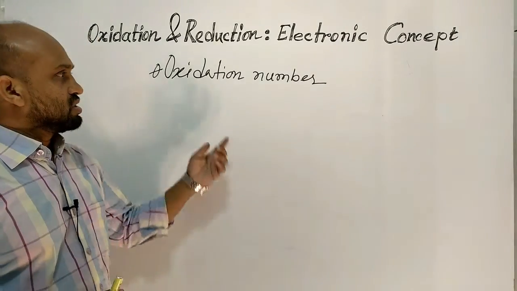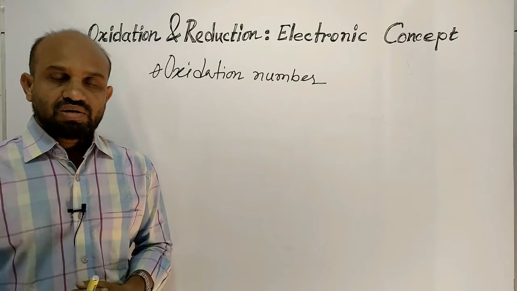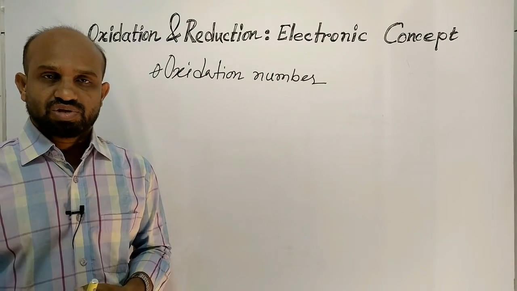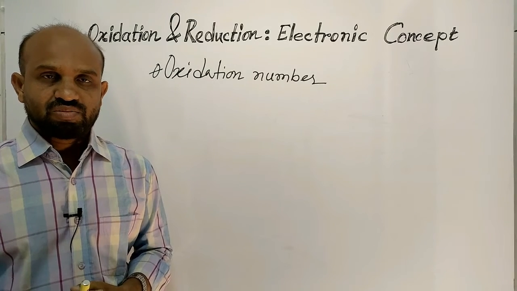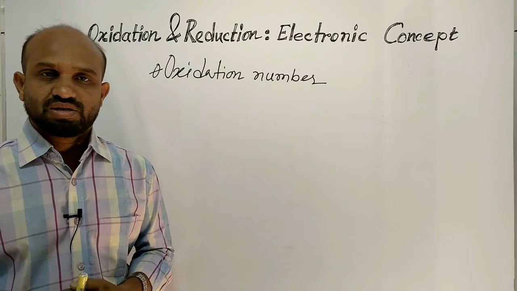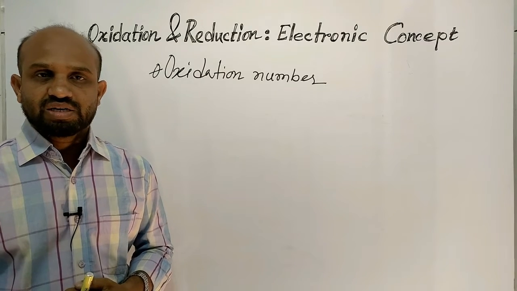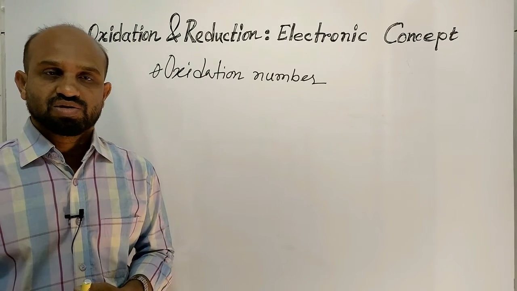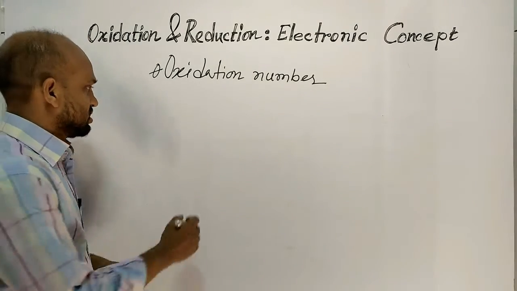Now the point is oxidation number. We learned the formation of sodium chloride and magnesium oxide. In the formation of sodium chloride we saw sodium donated an electron to chlorine, and in magnesium oxide magnesium donated 2 electrons to oxygen.